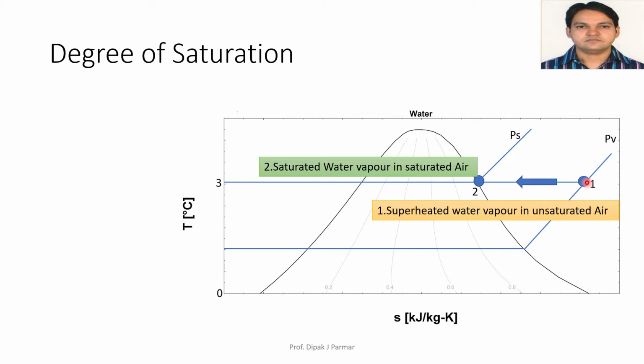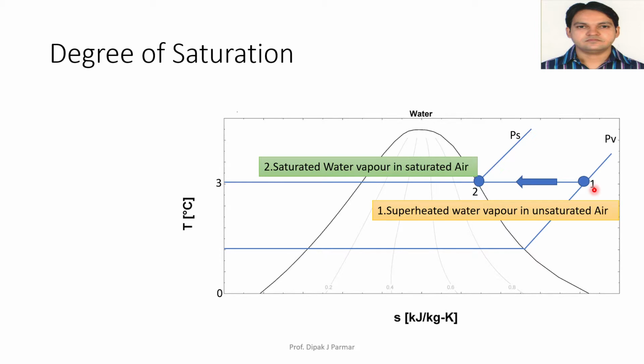If I go on adding water vapor into the air while keeping the temperature constant, step by step its partial pressure will increase. Through this process, water will be converted into vapor, and it will follow this line until there is a point where the capacity of air to absorb water vapor stops, and that point we call the saturation point. This will be the saturation condition at this temperature.